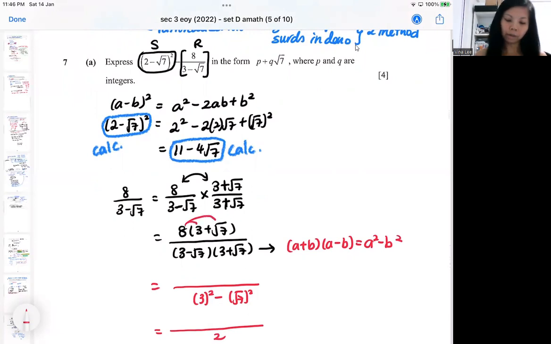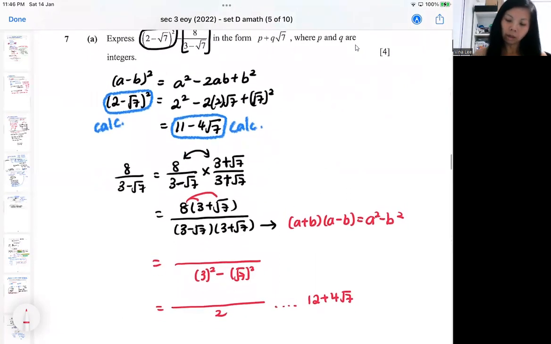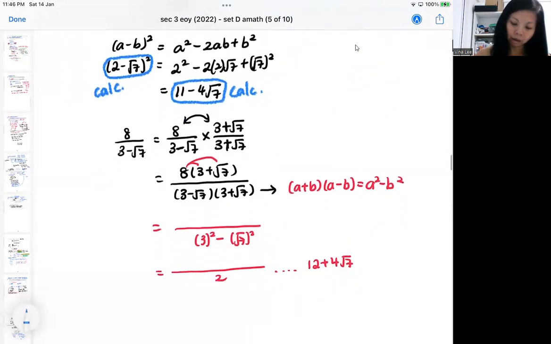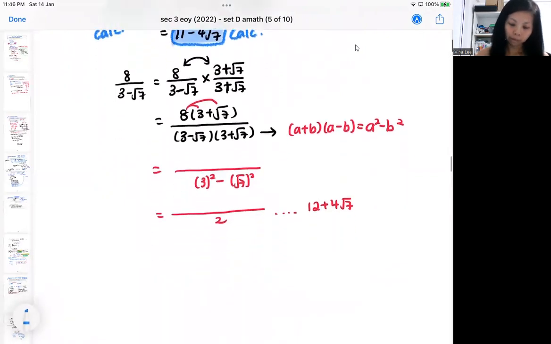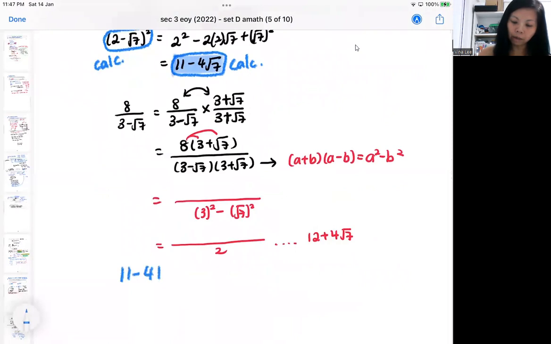Then you do your simplification. All in all, you will be getting something like 12 plus 4 root 7. Eventually, if you're going to answer the question, you take the first simplification part to subtract away the rationalized part.